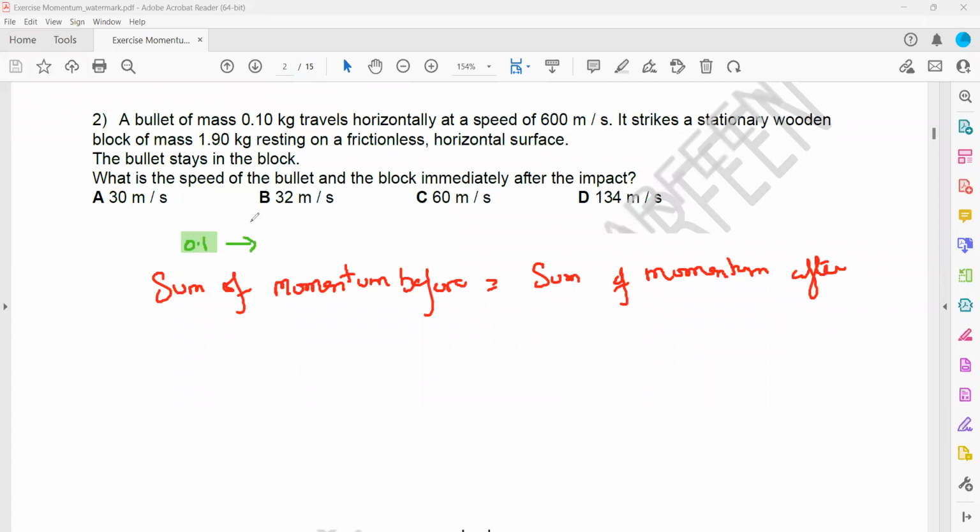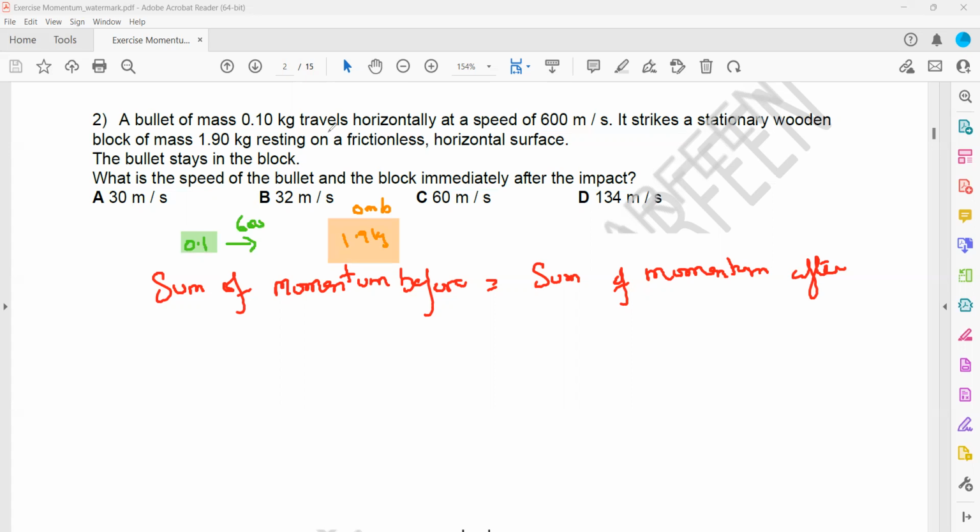This bullet is moving at a speed of 600 meters per second. It strikes a stationary wooden block. Say this is a block of wood. The mass of the wood is 1.9 kg, but this is stationary, not moving, so 0 meters per second.